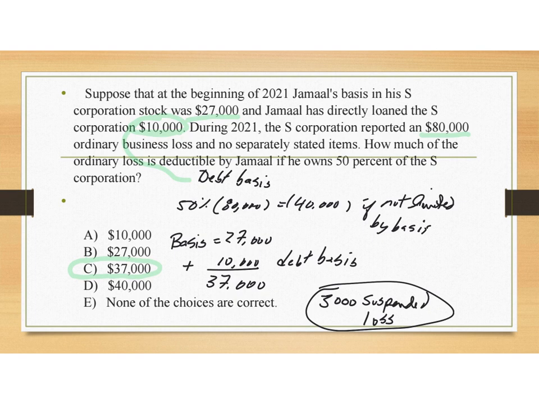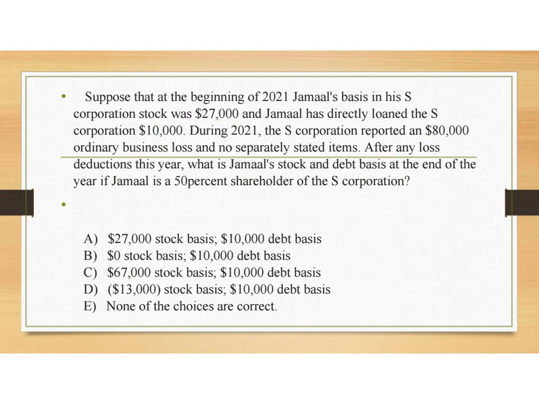It should be noted that it's an indefinite carry forward. However, if they never increase their basis prior to selling their stock in this S Corporation, then that suspended loss will expire unused. Okay.